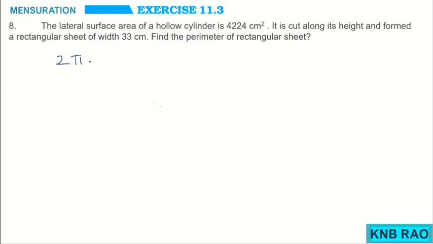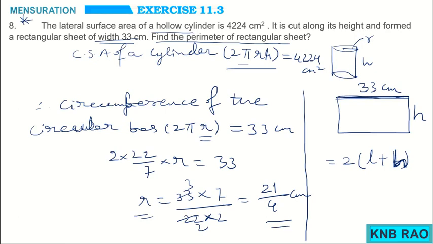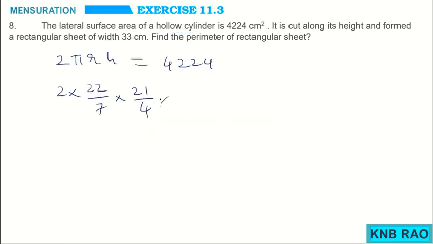2 pi r h equals 4224, where by substituting the value of r, which is 21 by 4, we found that 21 by 4 into h equals 4224.